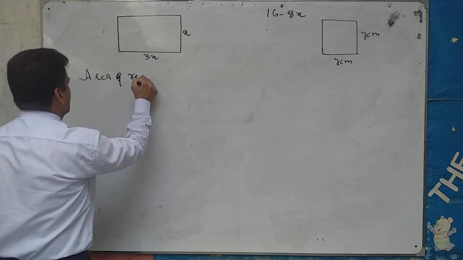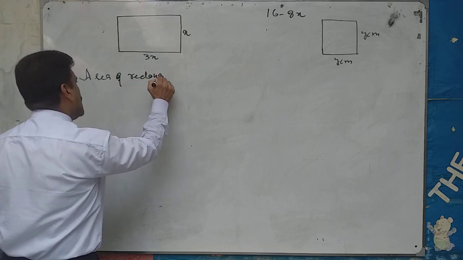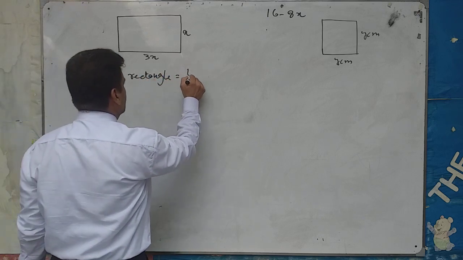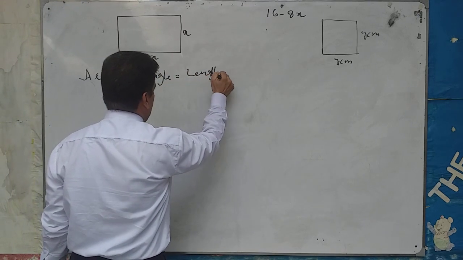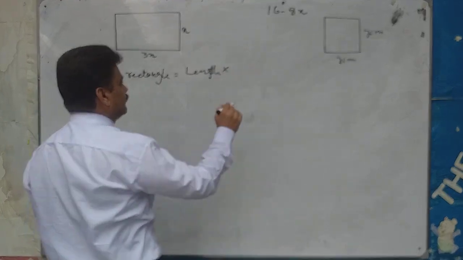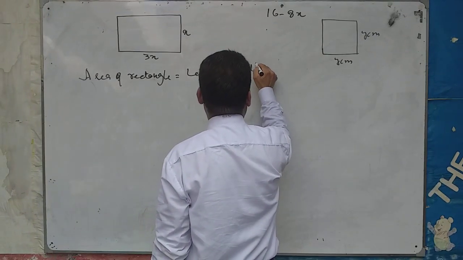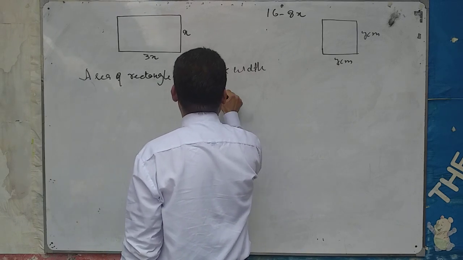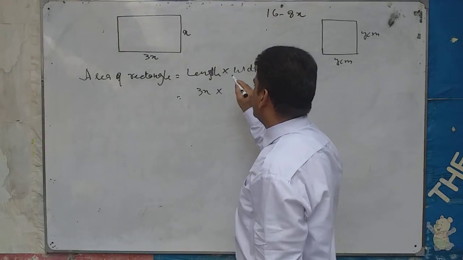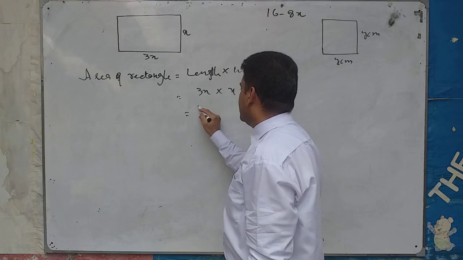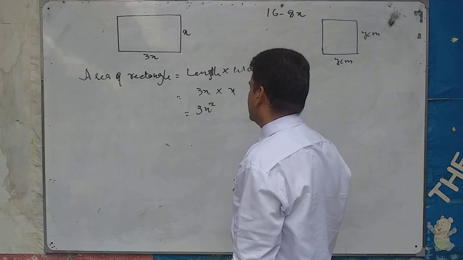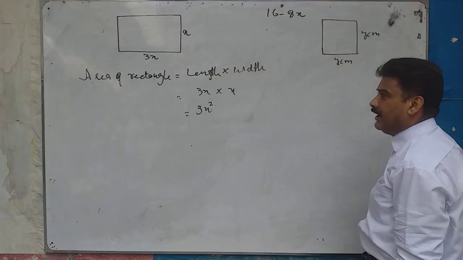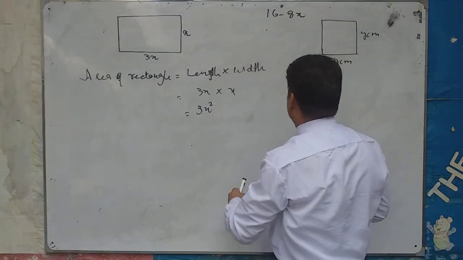Area of rectangle is length multiplied by width. Length, which is 3x, multiplied by width, which is x. Its area will be 3x square. Area of rectangle we have found, which is 3x square.